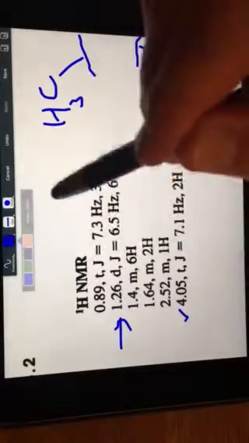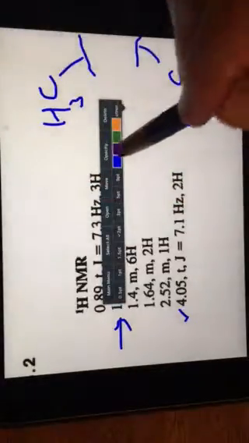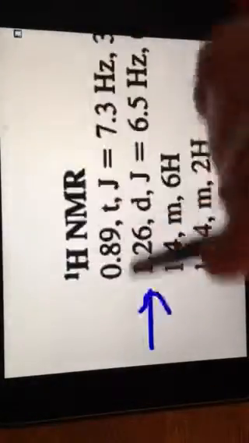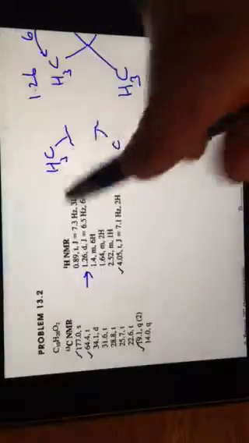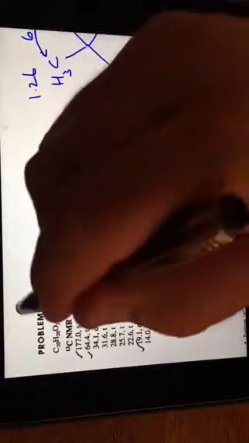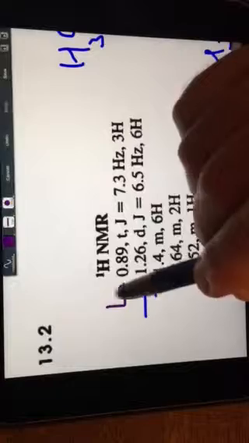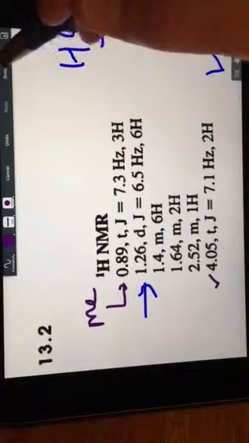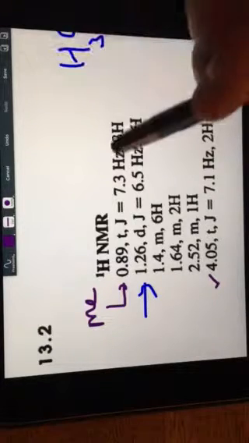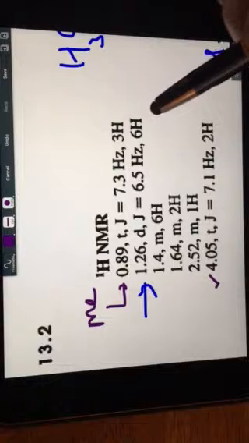I'm going to change colors. All right, so we have this methyl group.